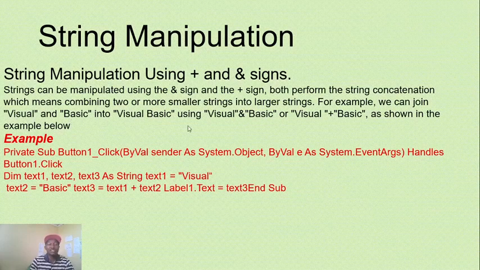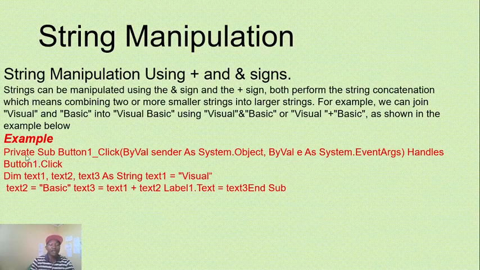We are trying to use concatenation, or joining symbols, to combine Visual and Basic. Using Visual ampersand Basic, or Visual plus Basic as shown in the example below, results in Visual Basic.